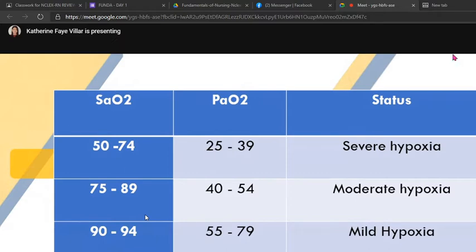These are standards as well, so we need to really know this by heart. Matatawag natin na may mild hypoxia yung patient if the partial pressure of oxygen is 55 to 79. Okay, moderate hypoxia 40 to 54, severe hypoxia 25 to 39. Okay, so these are the standards.